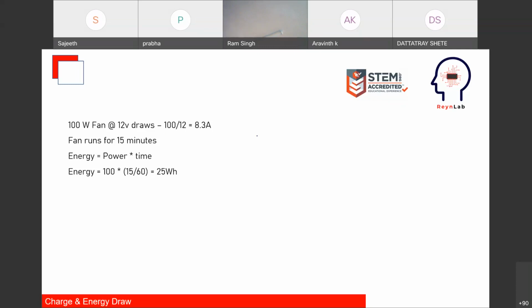Now what this tells you is, suppose you had a battery and assume it had a capacity of 100 watt hour. 100 watt hour is the energy capacity of the battery. Suppose it had 100 watt hour to start off with. After running your radiator fan for 15 minutes, you have consumed 25 watt hour.